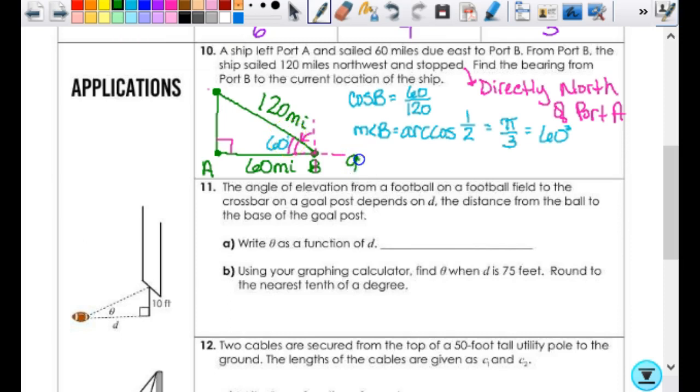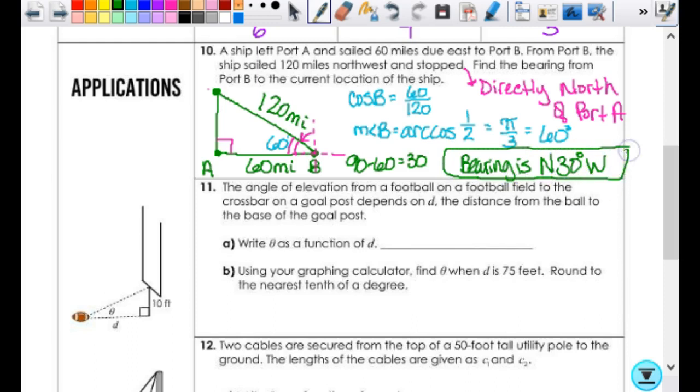So 90 minus 60 gives me that 30. So the bearing is, we would say it's north 30 degrees, what? West. There's your bearing. Everybody good so far?